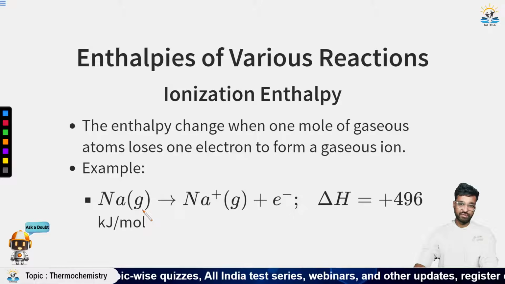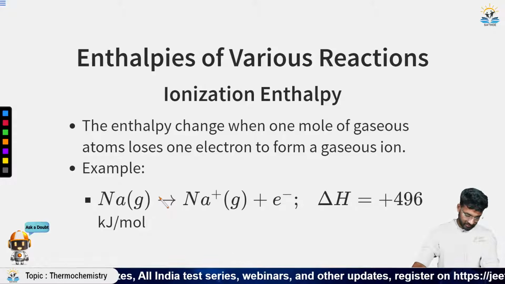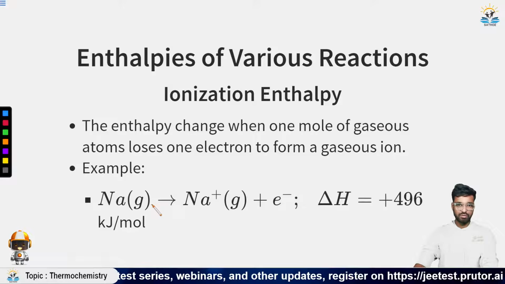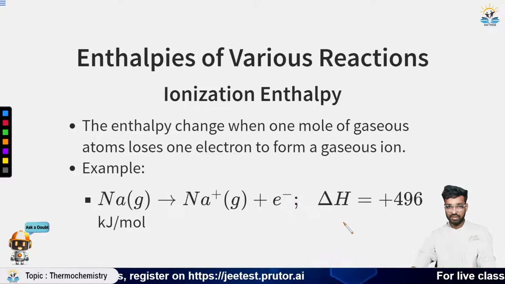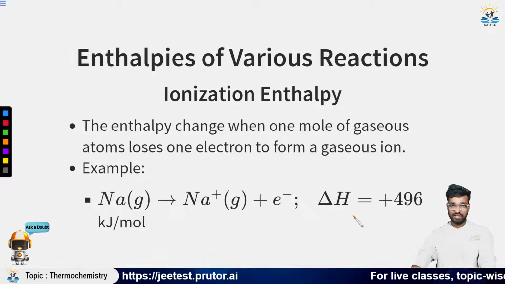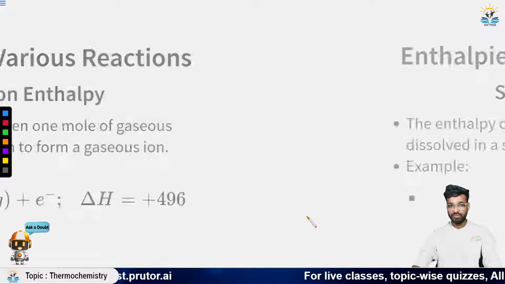Take again the example of sodium here. We are removing one electron from this sodium gaseous atom and getting our sodium plus ion. And the enthalpy change accompanying it is called the ionization enthalpy, that is 496 kilojoule per mole.